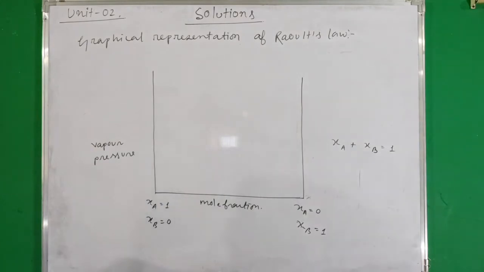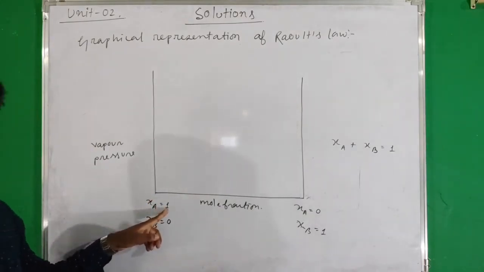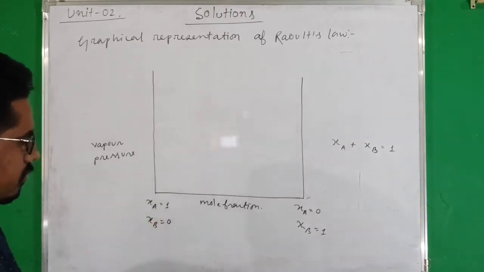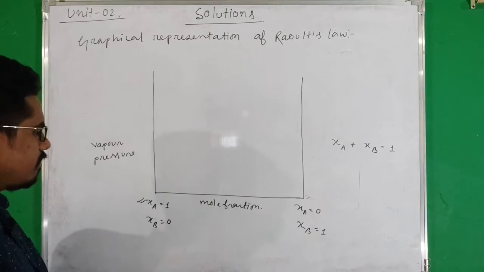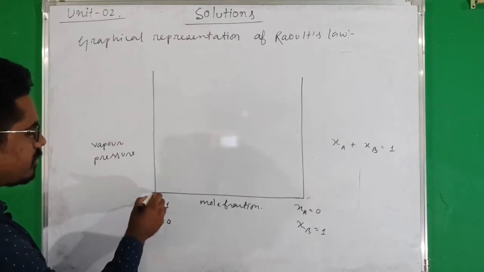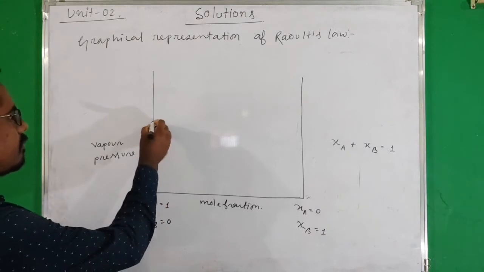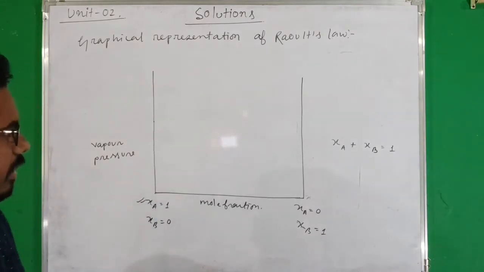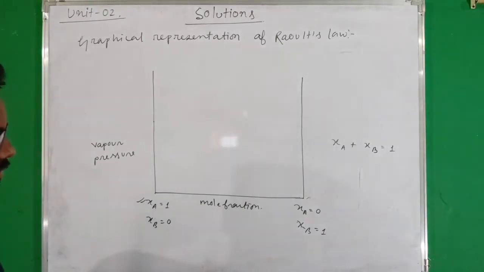Okay, and since at this particular point the mole fraction of A is 1 and the mole fraction of B is 0, hence only A is present. So at this particular point the vapor pressure of A is maximum, and according to Raoult's law, the vapor pressure is directly proportional to mole fraction.